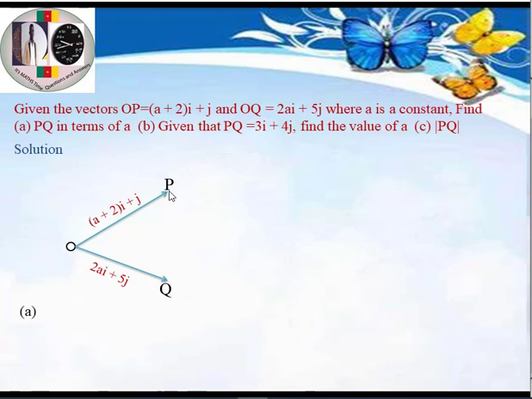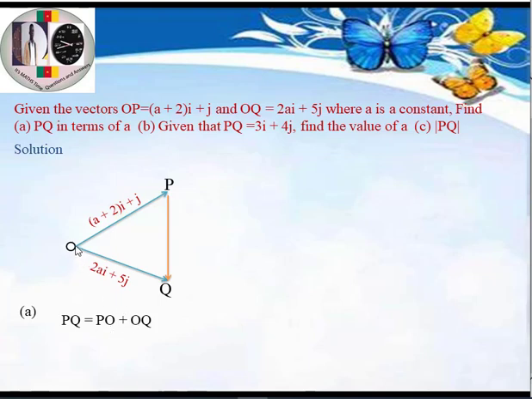But we do not know the road that takes us from P to Q. We only know the road from O to P and from O to Q. But if we walk so, it means we can still walk from P to Q. So we use the road we know from P to O and then we go from O to Q. You see that we still walk from P to Q. So the vector PQ is equal to PO plus OQ.